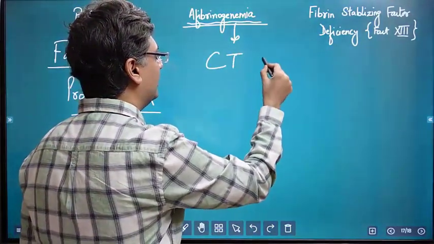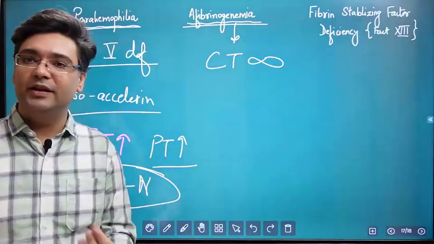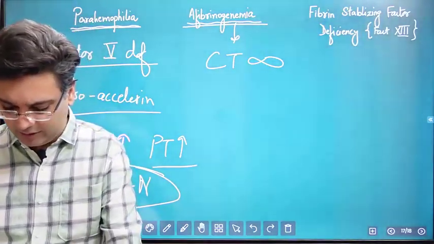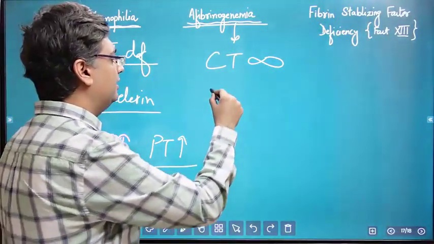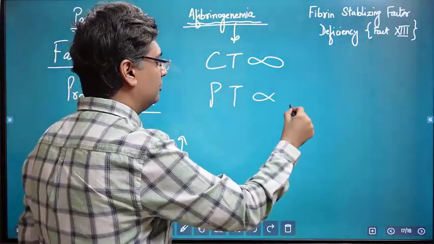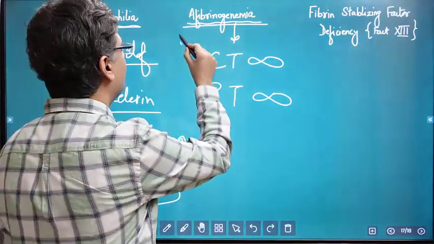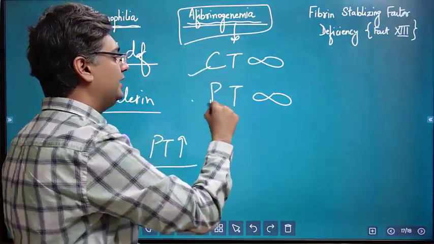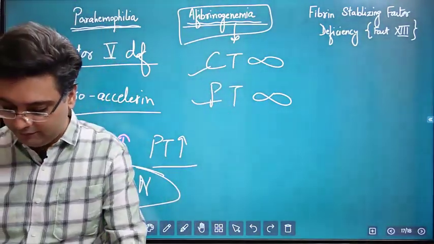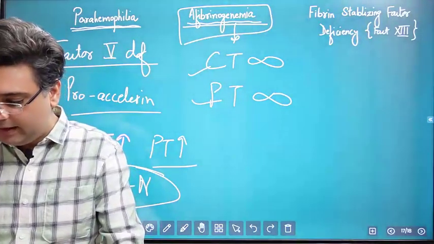In fact, the clotting time reaches infinite. When there is no fibrin, there is no time to measure. The PT also reaches infinite. This is a hallmark of afibrinogenemia, that both the CT and PT reach infinite levels.